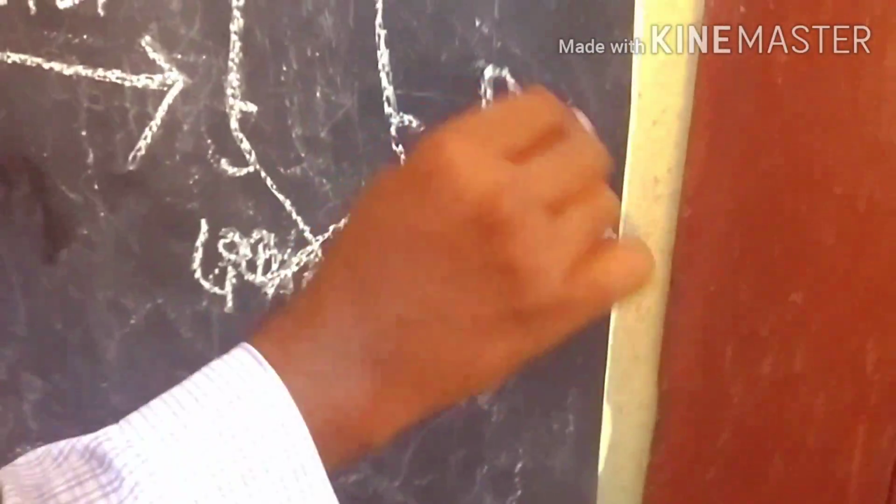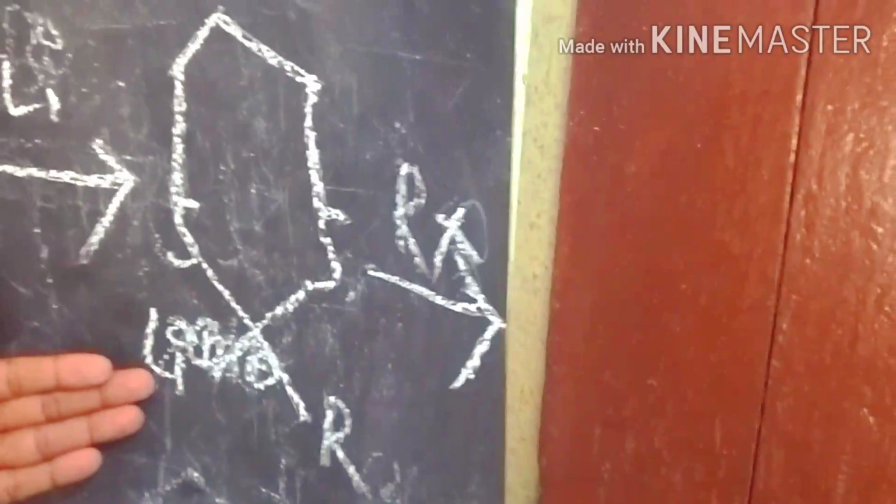Then reaction with RX. What happens when RX reacts with this intermediate? Here R has a positive charge and X has a negative charge. Lithium has a positive charge. The two groups are eliminated: lithium X is eliminated, and R is placed where the lithium was. So what is the product?